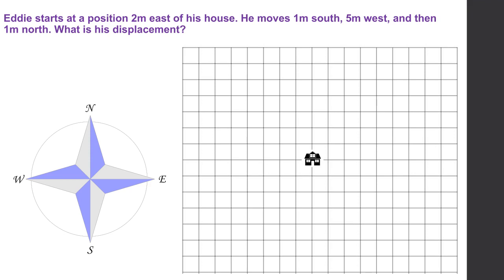So let's take a look at here. A lot of times you have to make a drawing. Eddie starts. So we're going to look for the displacement, so we need to have a direction. That's why we have the direction here. Eddie starts 2 meters east of his house. So right here, east. He moves 1 meter south, 5 meters west, 1, 2, 3, 4, 5, and then 1 meter north.